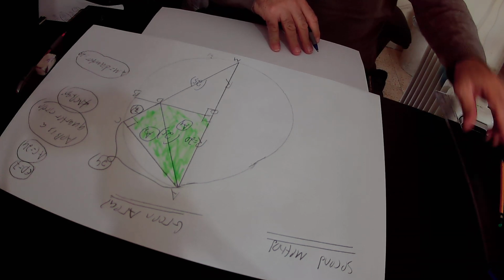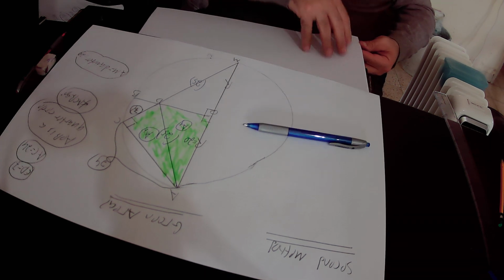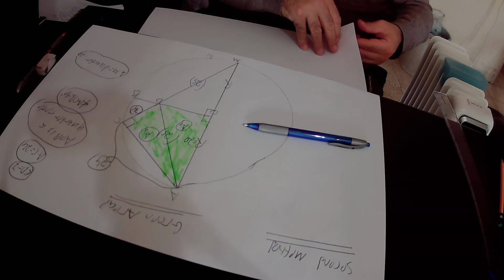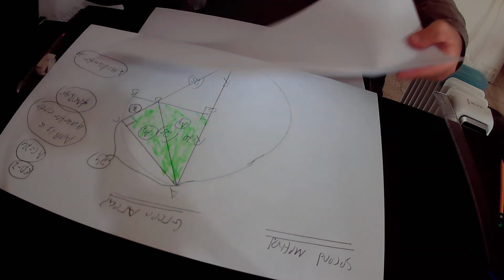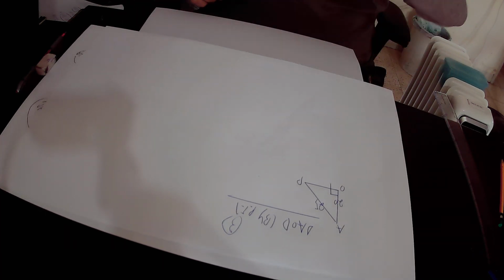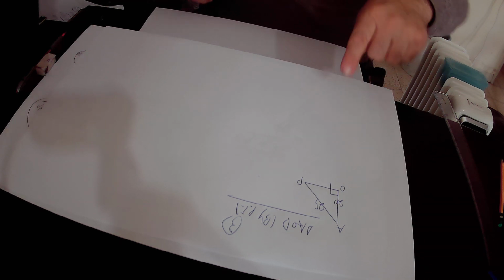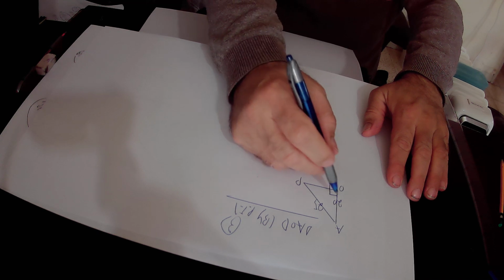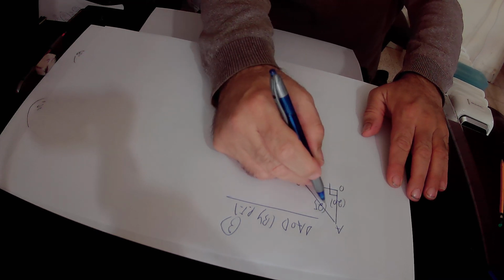This is the right triangle AOD, a copy from the original drawing. Again, AO is the radius, that is 20, and the hypotenuse AD equals 25.